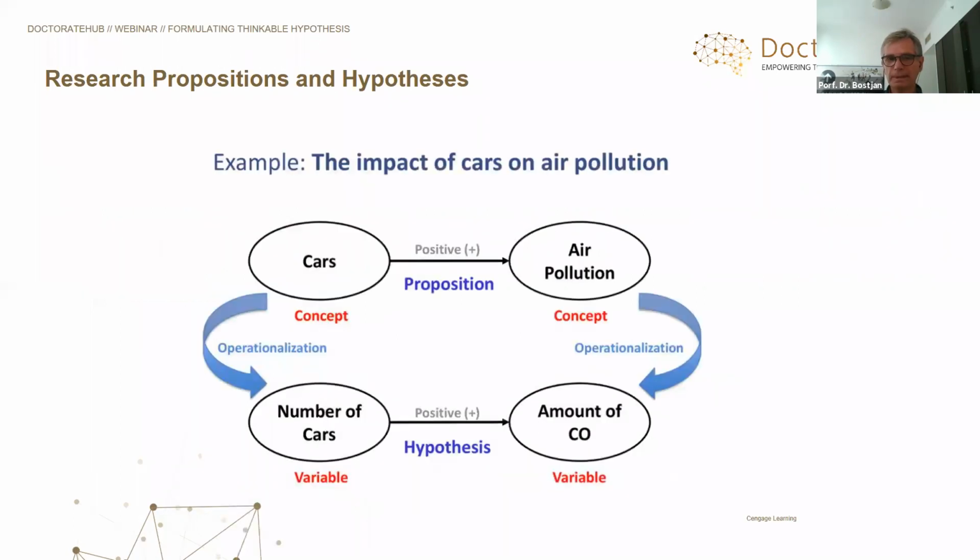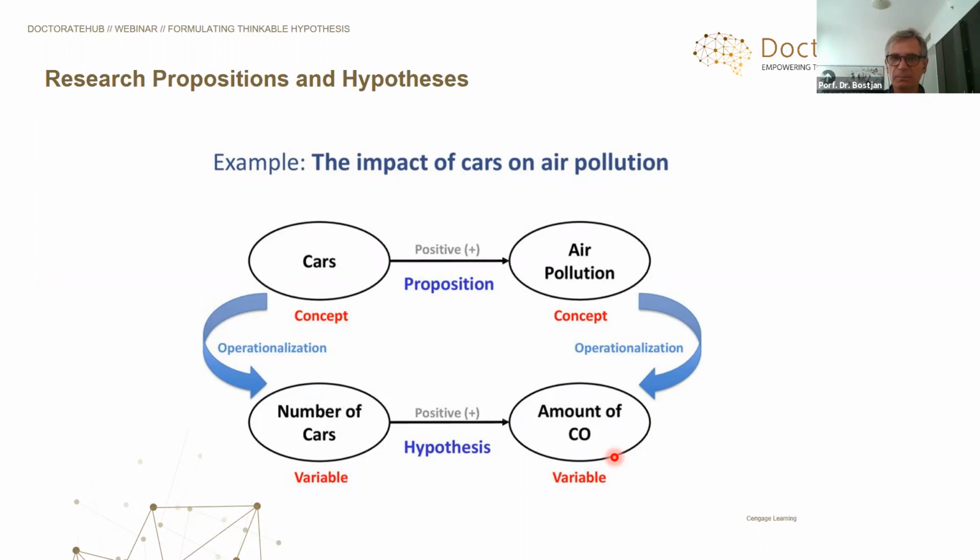So that's why we will say we have to operationalize actually those concepts and say, okay, cars can be translated, or operationalized, through the number of cars. And then the air pollution can be generally taken as CO2, CO or NOx or something like that, okay? It depends how you can actually really measure the emissions of the cars.